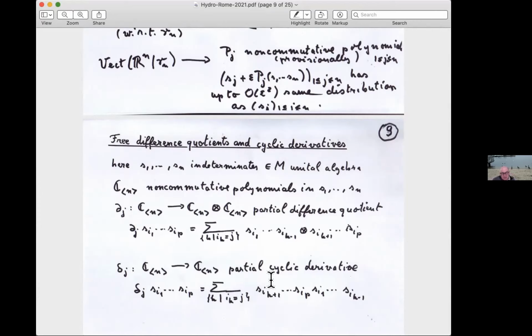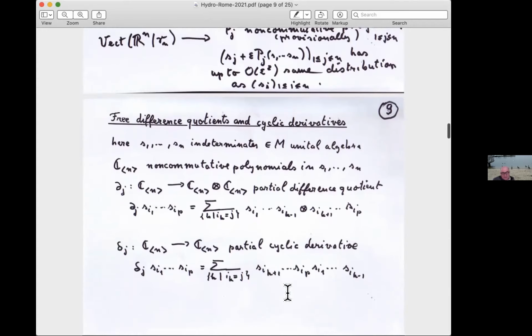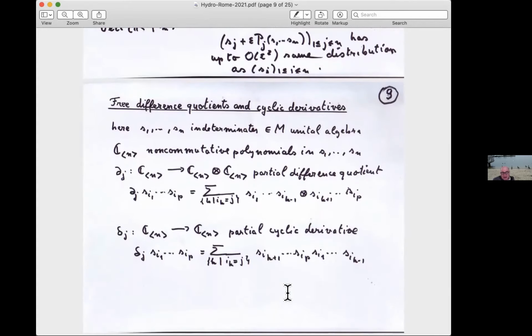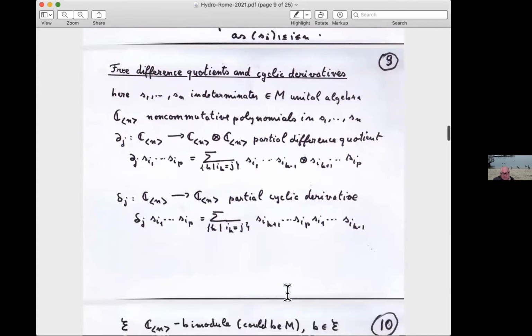It can be viewed also as the following thing. You take the partial difference quotient I've written above, and you move the right-hand side in front of the left. You take Si1, Sik plus 1 Sip and put it in front here, and multiply by the Si1, Sik to get this. So this is called the partial cyclic derivative with respect to Sj.